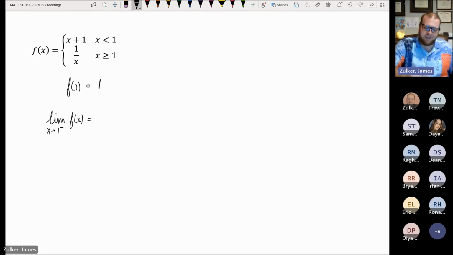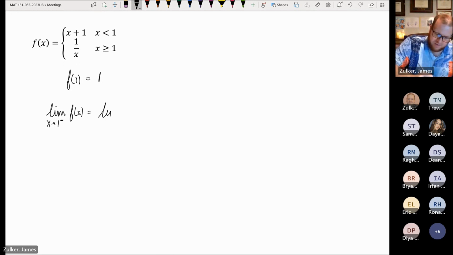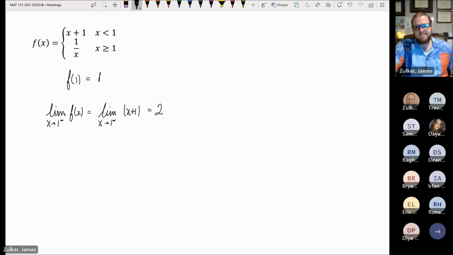If we take the left-handed limit, we use x plus 1 because we're less than 1. That limit is 2. Look at the right-handed limit.